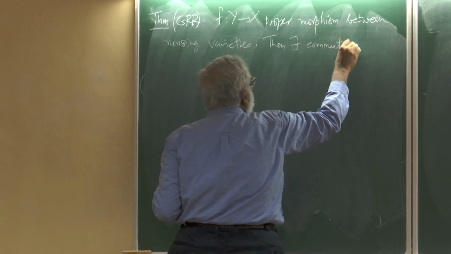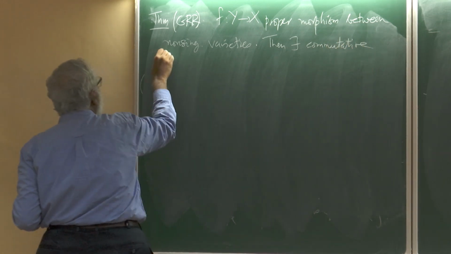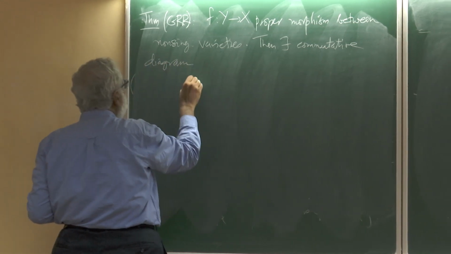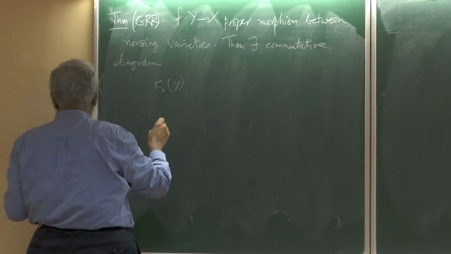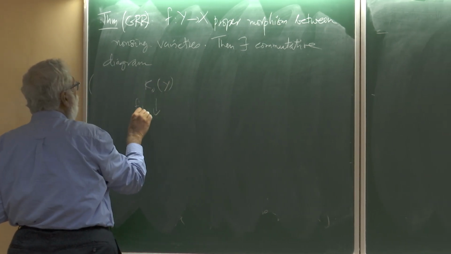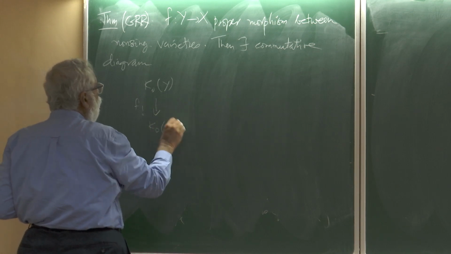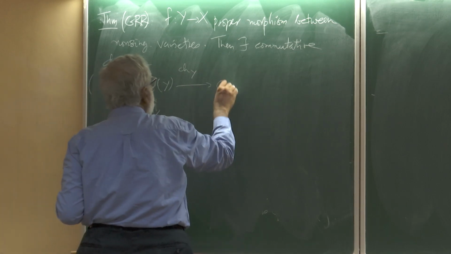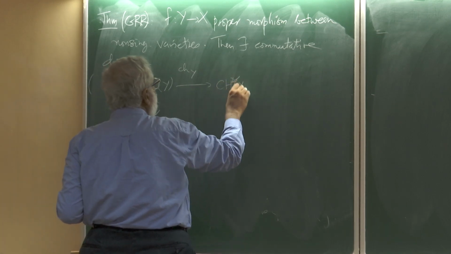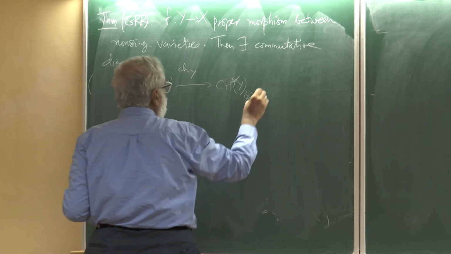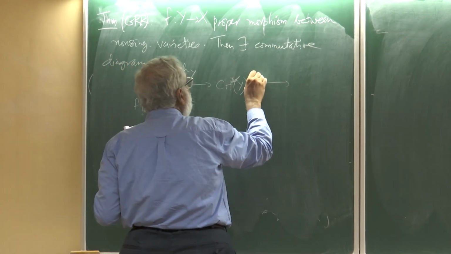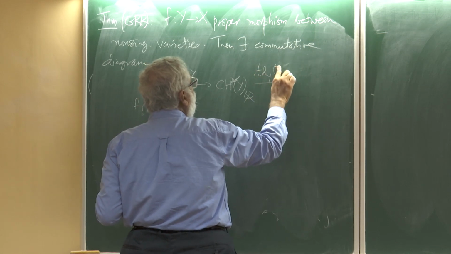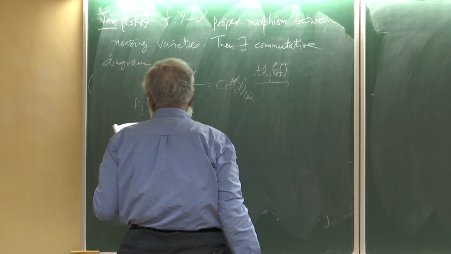The assertion is there is a commutative diagram. You just write tau of f.